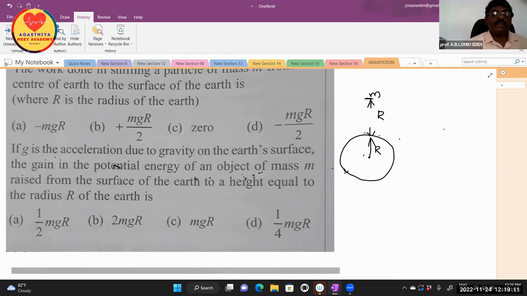How to solve this problem? Very simple one. Kindly do that. Gain in potential energy is the final potential energy minus the initial potential energy.